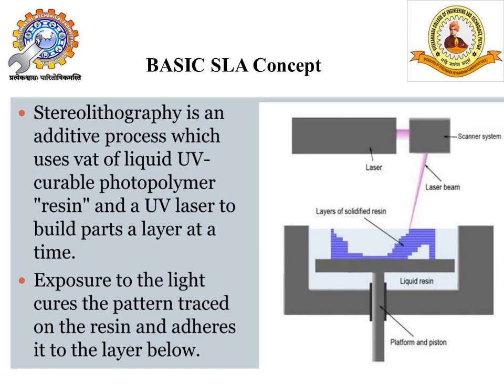So we have shown here a vat, and the part which is being built is shown in blue color. It is built of layers of solid resin, and there is a platform and piston. We have the resin, and a laser beam interacting with the part, and there is a scanning system.